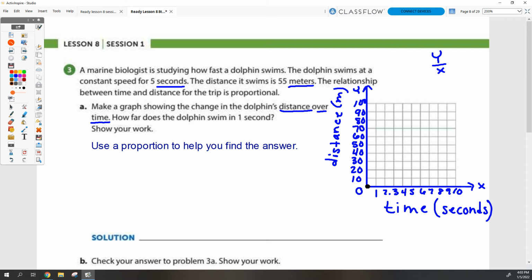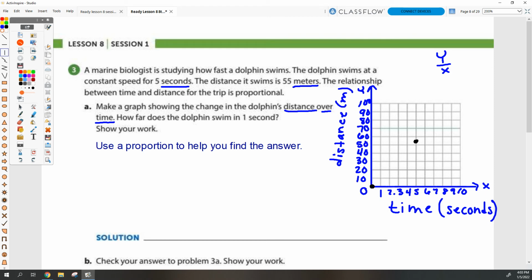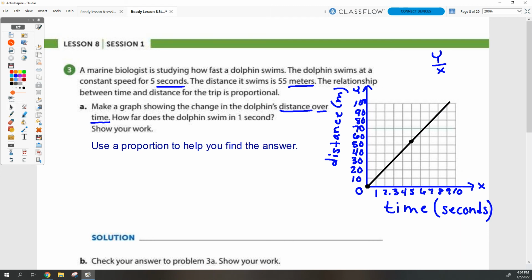So we go up to 55, and then over to 5 seconds, and it's right here in the middle. And we draw our line.